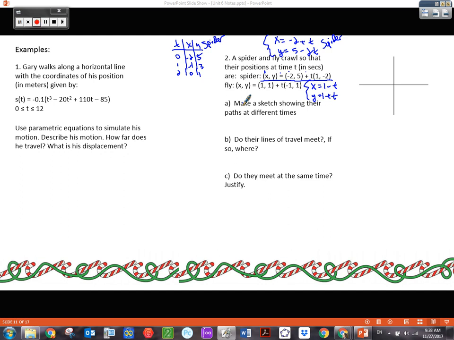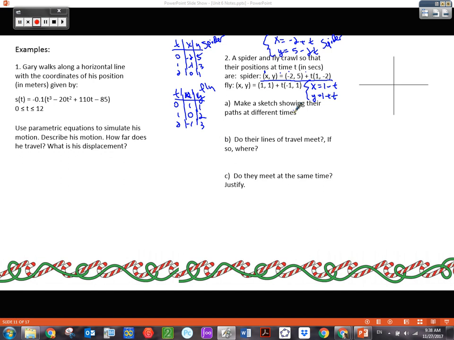So let's do a t-chart for the fly. X and y. So 0, 1, 2. We're going to do the same 0, 1, 2. So for the fly, starts out at 1, 1, then goes to 0, 2, goes to -1, 3.